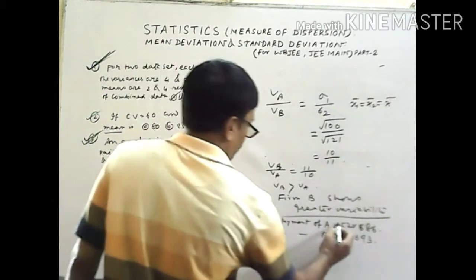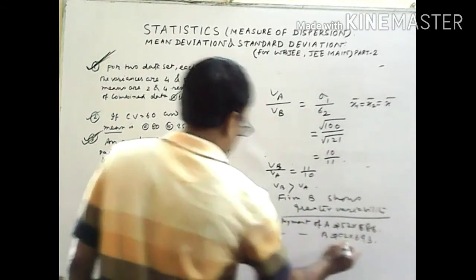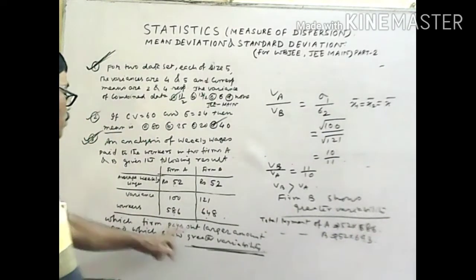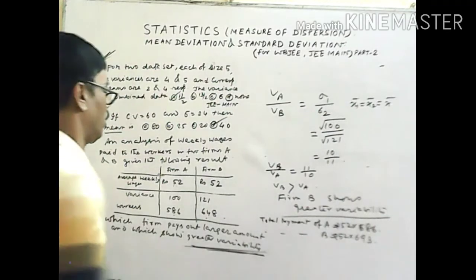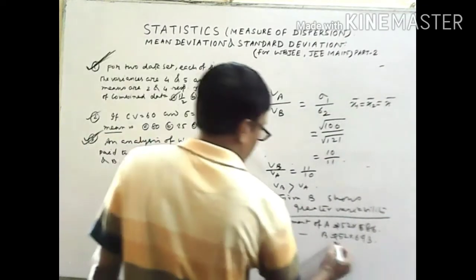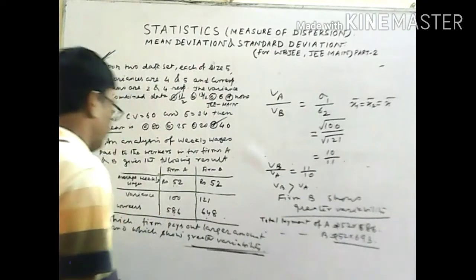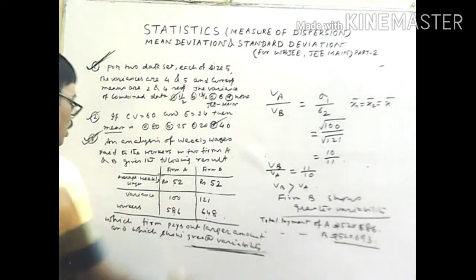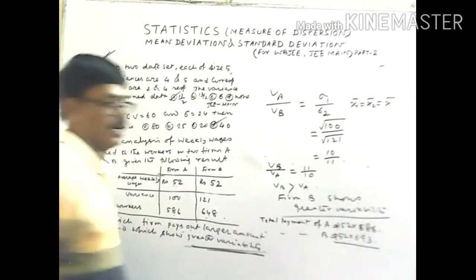So this is in terms of rupees. Which firm pays out the larger amount? Obviously this one is greater. So firm B pays out the larger amount.